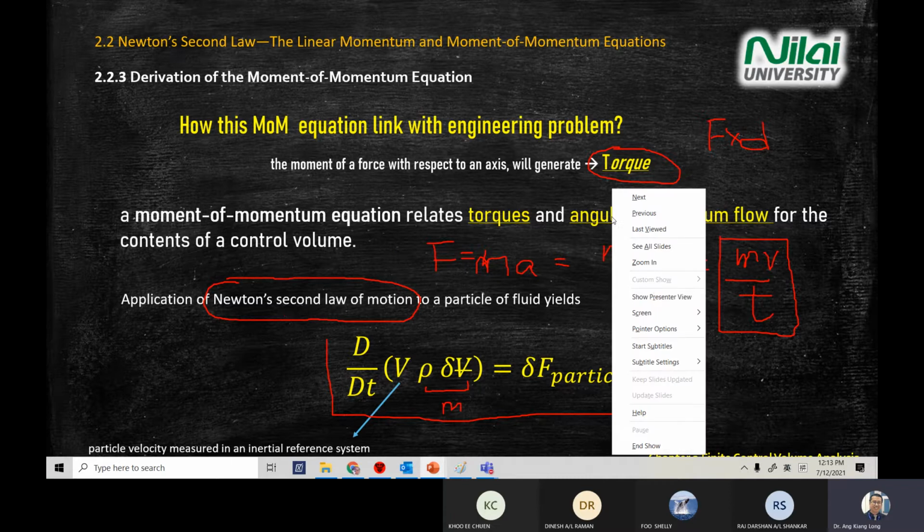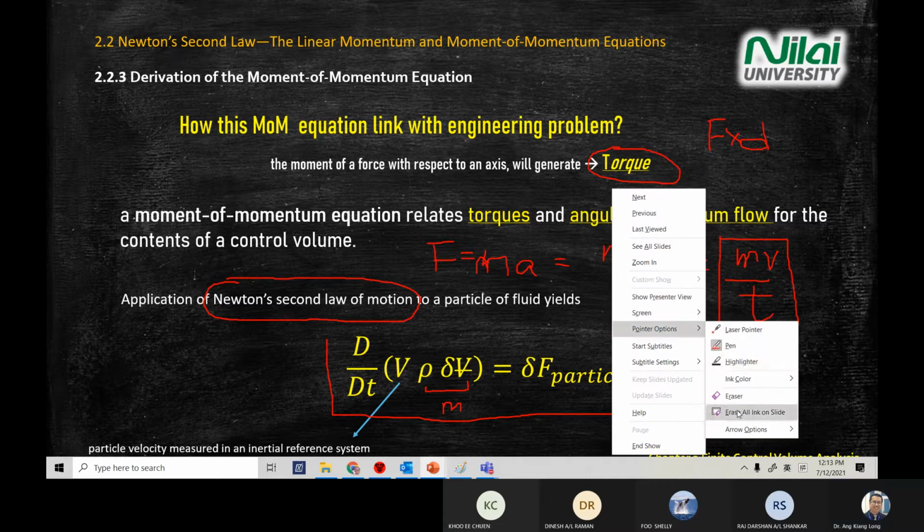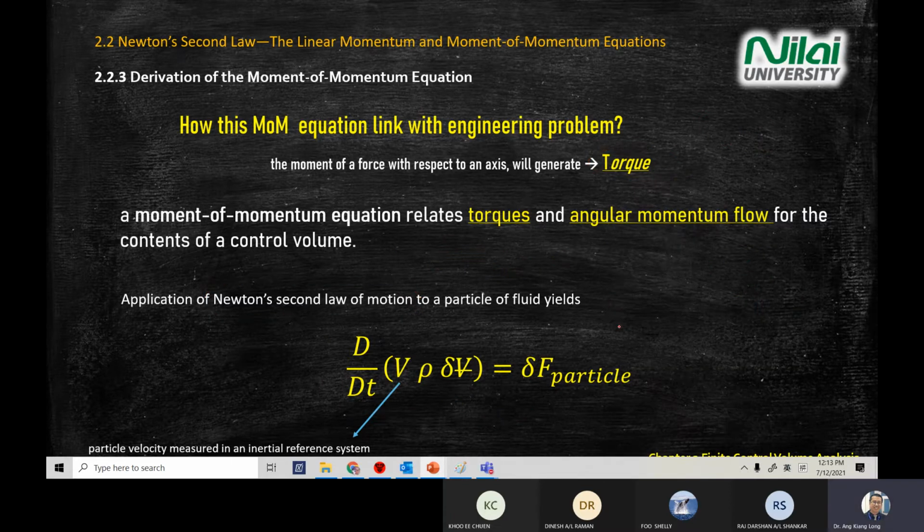Now we combine what we learned 10 minutes ago. So this is when we talk about torque, when we expand the equation later on. The velocity here, we talk about a particle, one point. Particle means an individual element, right?